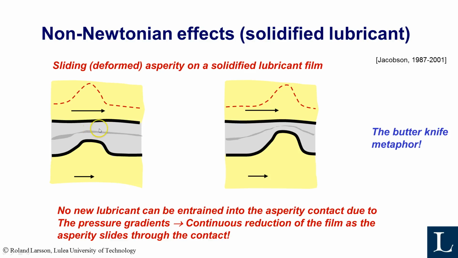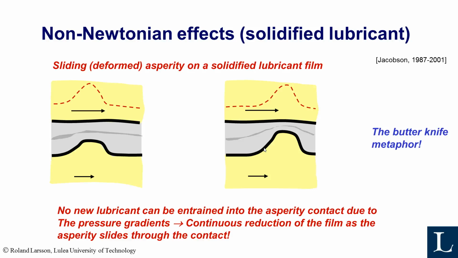So the asperity will more and more grow out again from its deformed position as it passes through the contact, and if you are unlucky, it will grow so much that it touches the other surface before it leaves the contact.